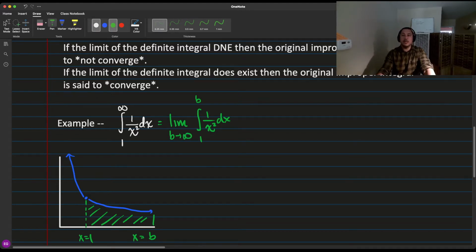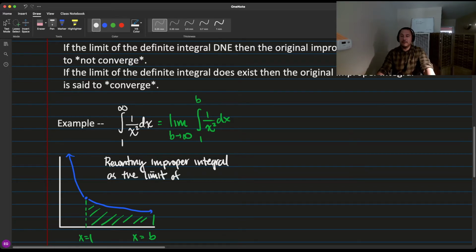So what you're doing is you are rewriting your improper integral as the limit of a definite integral. Why? Because we know how to calculate the definite integral, right? You can use the fundamental theorem of calculus.